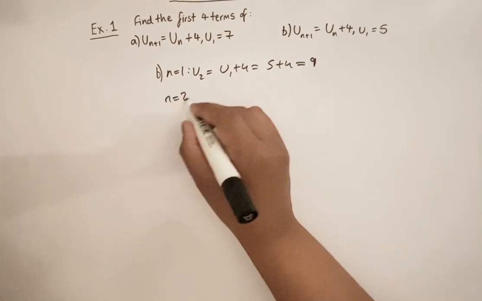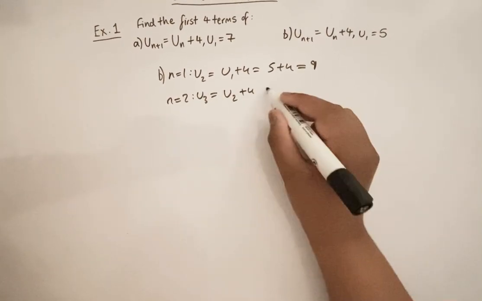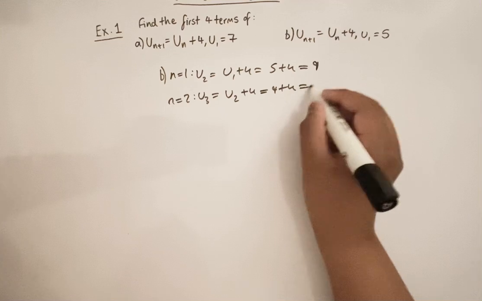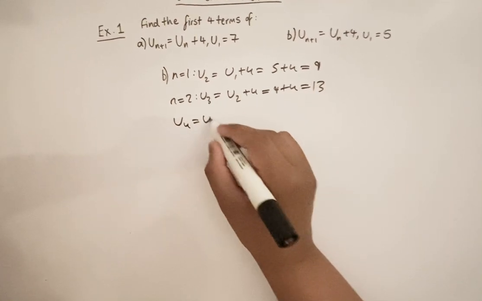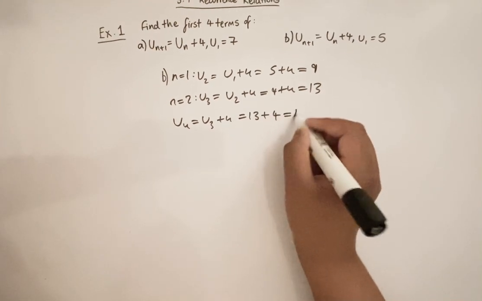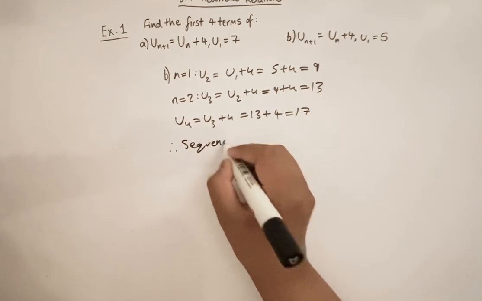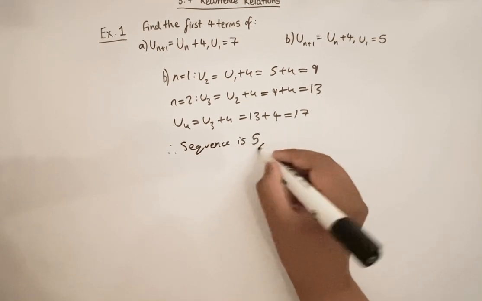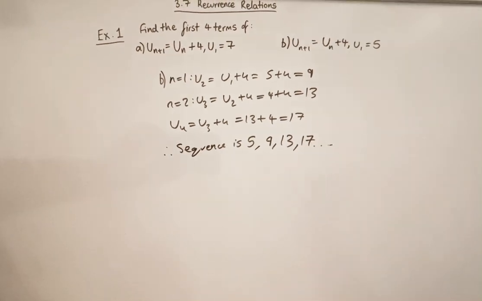When n equals 2, u_3 will be equal to u_2 plus 4, which is 9 plus 4, which is 13. And when n equals 3, you get u_4 equals u_3 plus 4, which is 13 plus 4, which is 17. Therefore, the sequence is 5, 9, 13, 17, and so on.